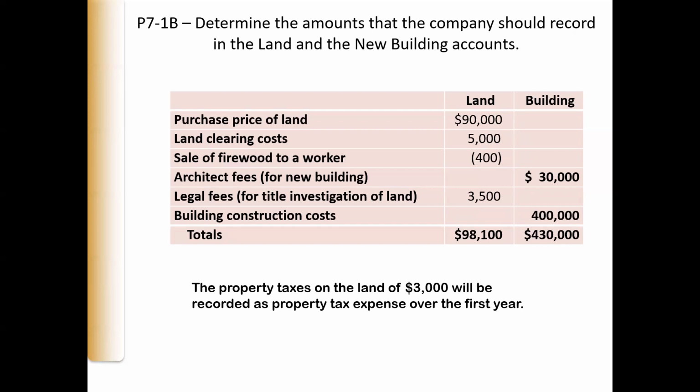For the building, we'll take the architect fees along with the building costs. The $3,000 of current property taxes will be expensed on the income statement in the current year. It's only when we pay back property taxes that before we purchase an asset that we would capitalize those assets.